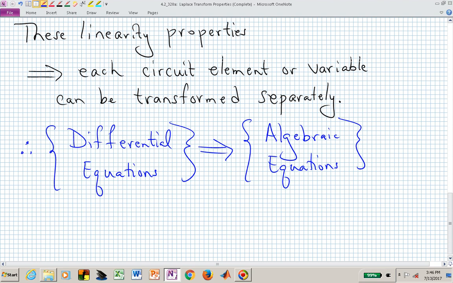But initially, let's just worry about taking a differential equation, which is now in the time domain, and taking that into the frequency domain by means of the Laplace transform.